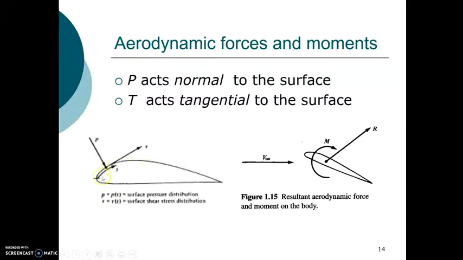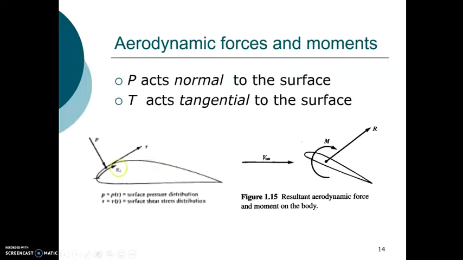So when we integrate the pressure all around the surface and also the shear stress all around the surface, we get a resultant aerodynamic force R and a resultant aerodynamic moment M. So that is what we are interested in doing in aerodynamics, how to go from using the knowledge of the pressure distribution and shear stress distribution to get the resultant force on the body and the resultant moment on the body.